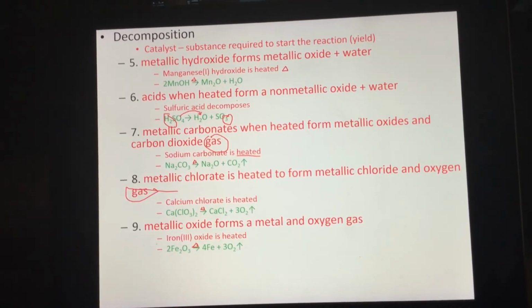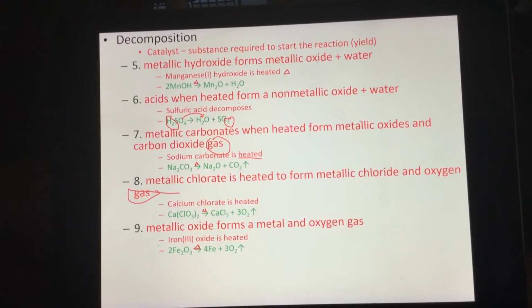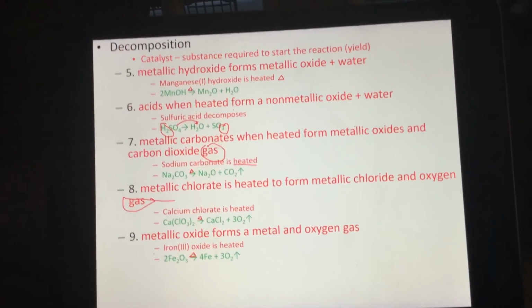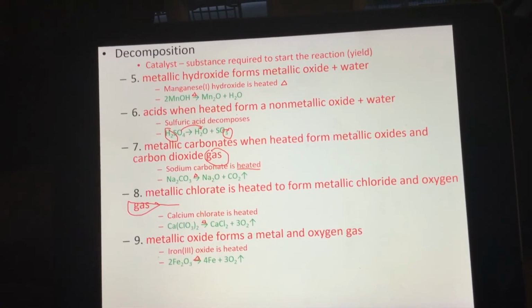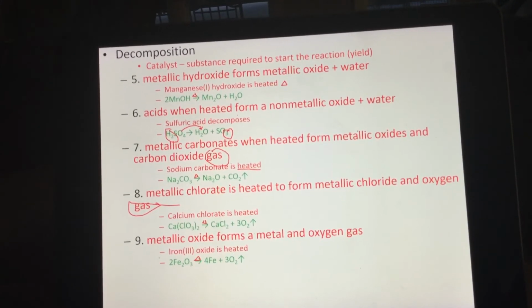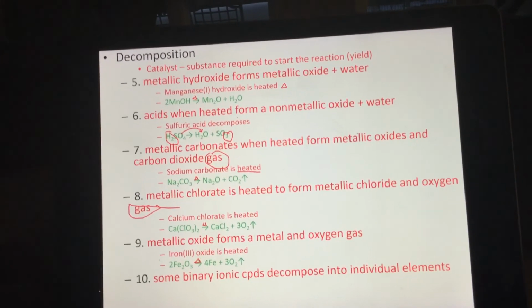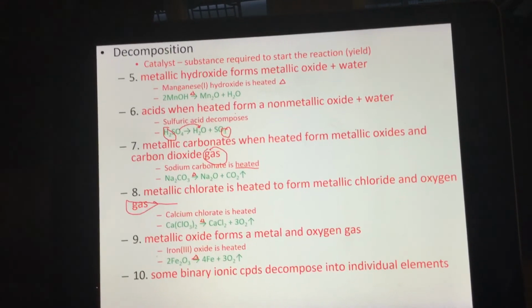So again, this basically just separates the metallic oxide into its individual elements, which is also what this final decomposition reaction does. So these last two are both very similar to that first synthesis reaction. So this last decomposition reaction is just any type of ionic compound, a binary.